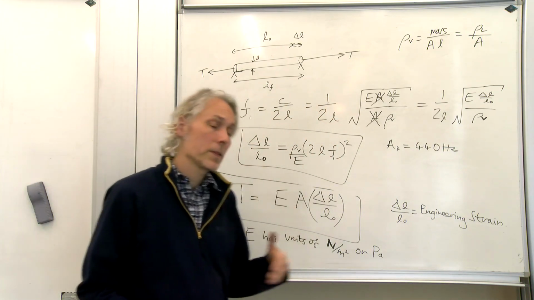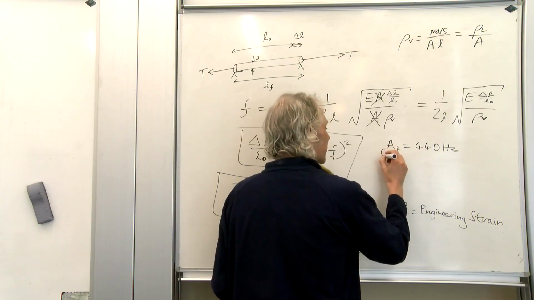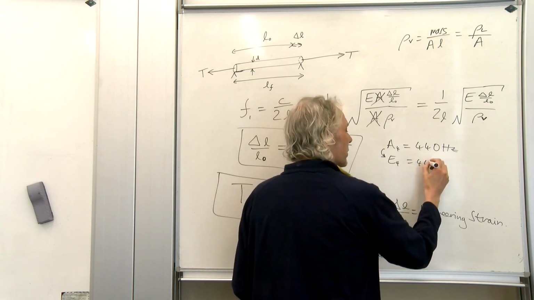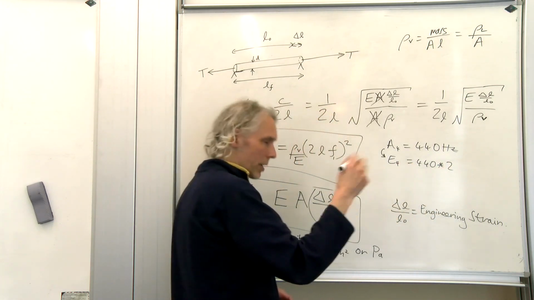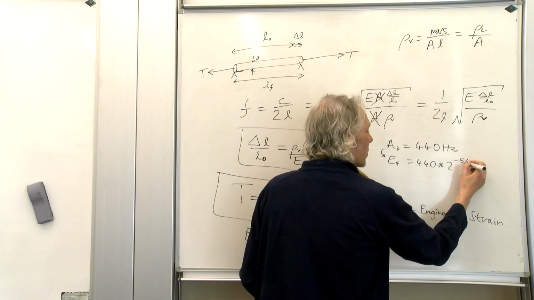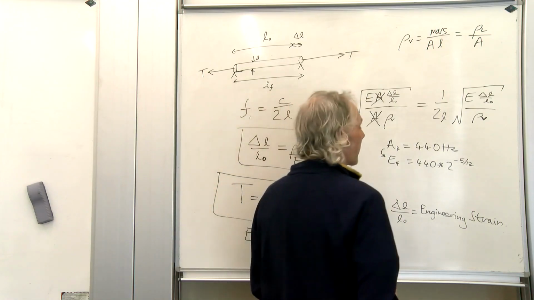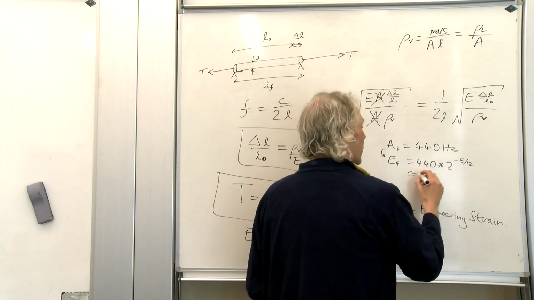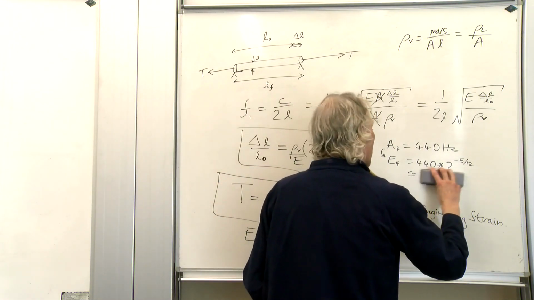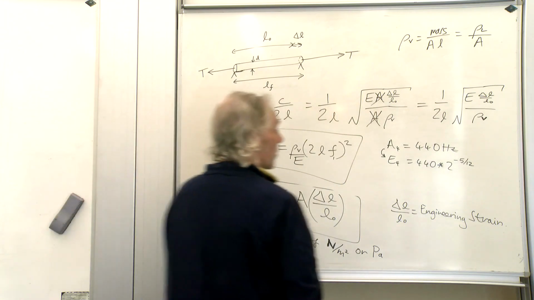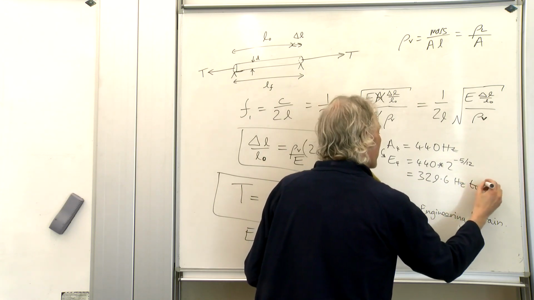If you want to go down to the E string, E4, we would take that 440 and multiply by 2 to the power of minus 5 frets over 12 to get approximately 330 Hertz, to 4 significant figures.